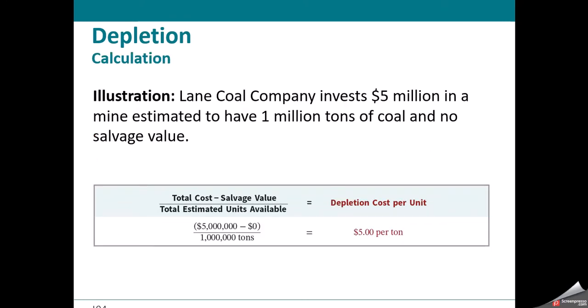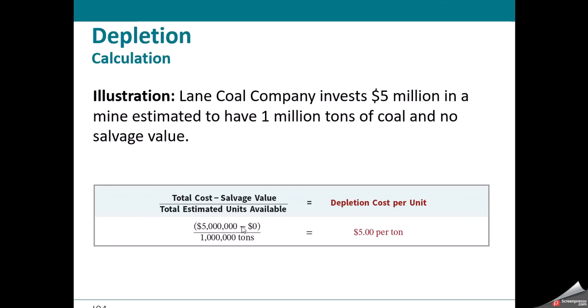So in this case, they're doing coal. So they have $5 million invested in this well. Normally in these kind of things, like with our oil and gas wells also, you plug them at the end, so there's normally no residual value at the end. So in this case, same thing. There's no residual value after they've mined all this coal. There's not going to be anything left.